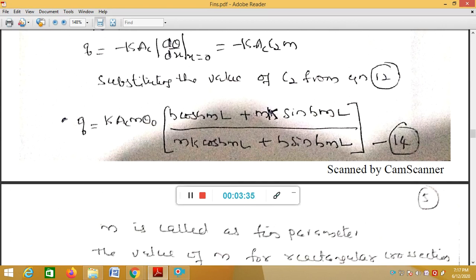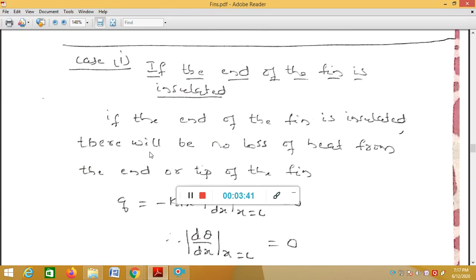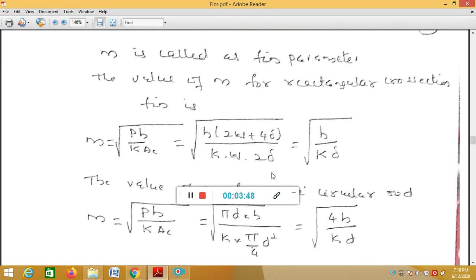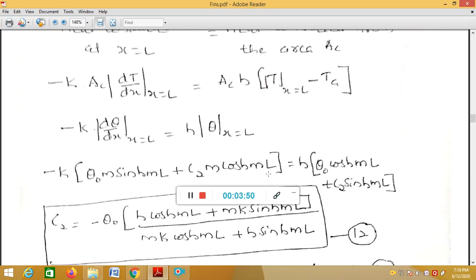It is a bit elaborate, so we can make certain practical assumptions and simplifications. First, case 1: the end of the fin is insulated. We will go to the figure here.